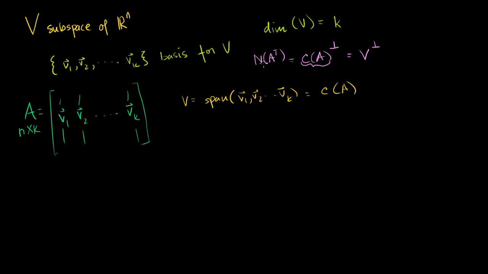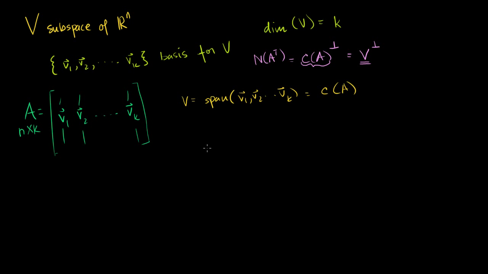So if we want to figure out the dimension of the orthogonal complement of V, we just need to figure out the dimension of the left null space of A, or the null space of A's transpose. Let me write that down.